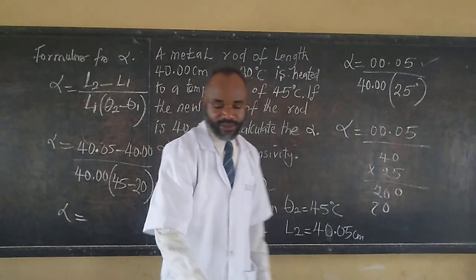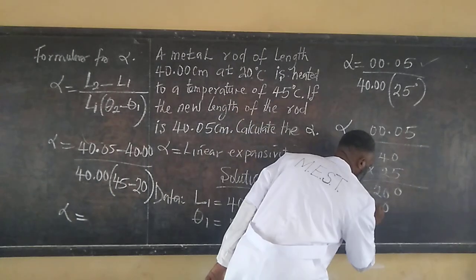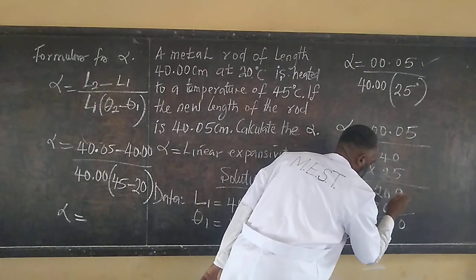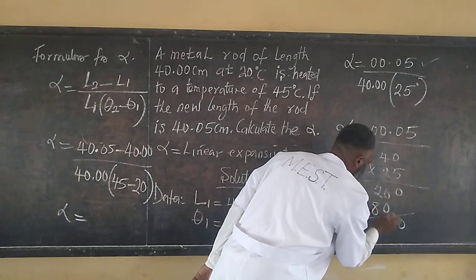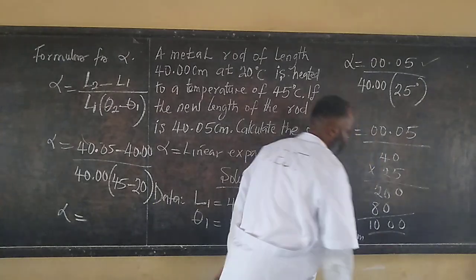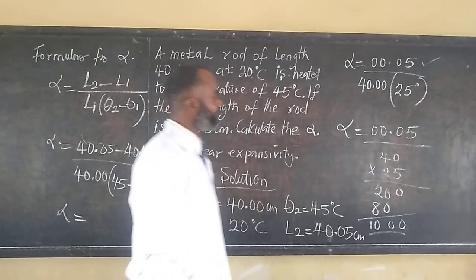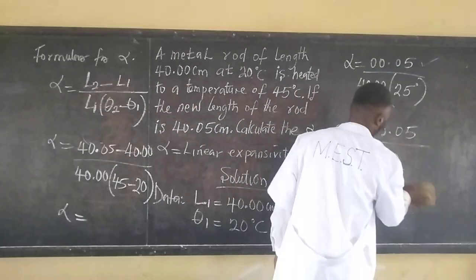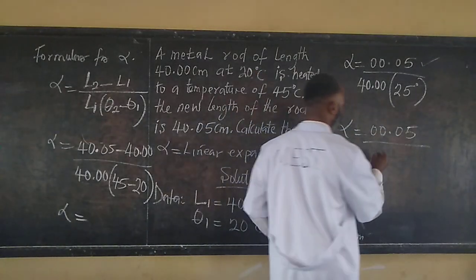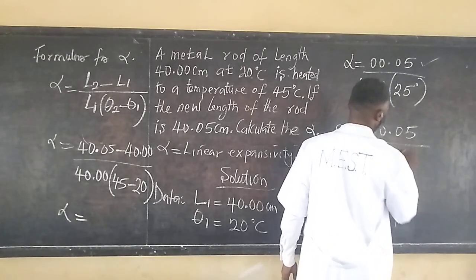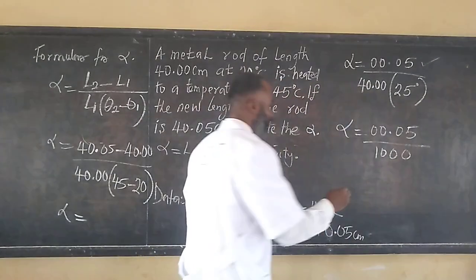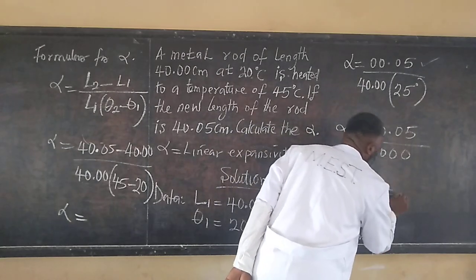So 8 plus 2 is 10. We have 1,000. So 40 times 25 is 1,000. That has been ascertained. We can now write 1,000.